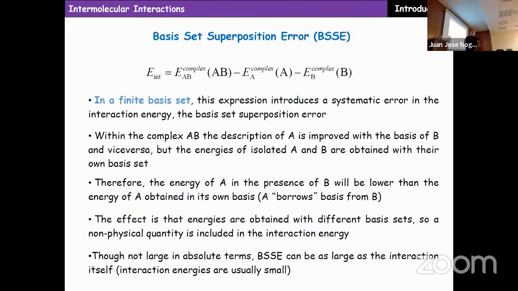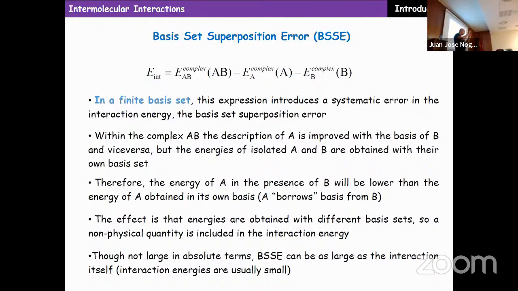Right. I would like to stop a little bit here on this basis set superposition error and comment something about it. What is the origin of basis set superposition error? If my energy of the complex and the isolated fragments depends on the basis set size, when I calculate the energy of the complex, the basis set I'm using for fragment A, or for fragment B, is the full basis set of the complex.